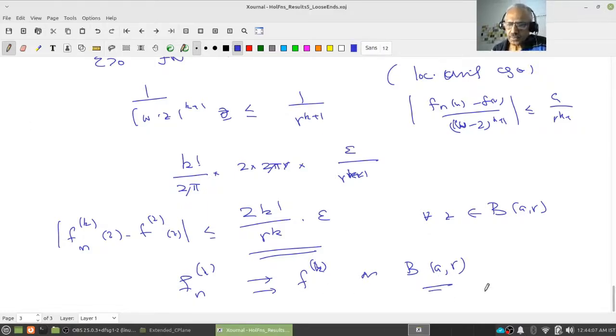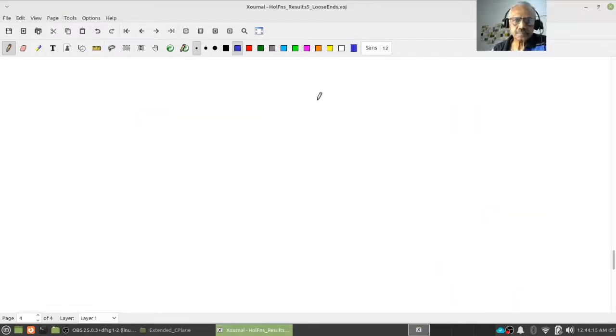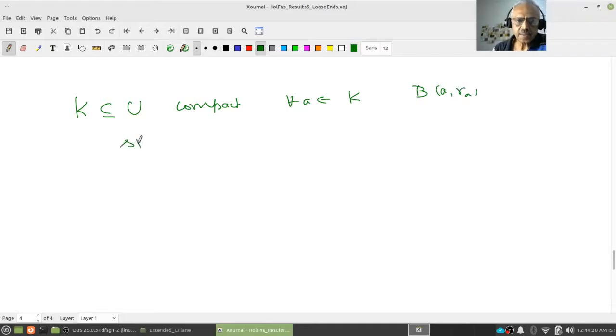So pause, review, proceed. Now suppose K is compact. Then for each a in K, I have some closed ball, such that, of course, that is contained in U, and such that the kth derivative of f_n converges to the kth derivative of f on the closed ball.